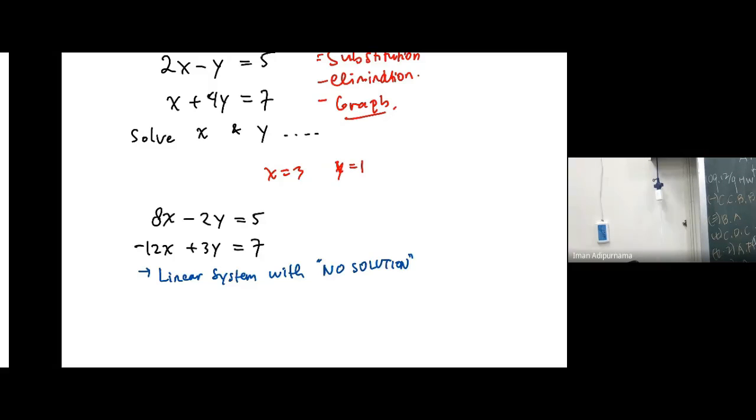We can say this is a linear system, but we don't have any solution for this case. If you multiply by 3, multiply by 2, and try to add, you see it becomes 6, it becomes 6, and it becomes 0. No solution.